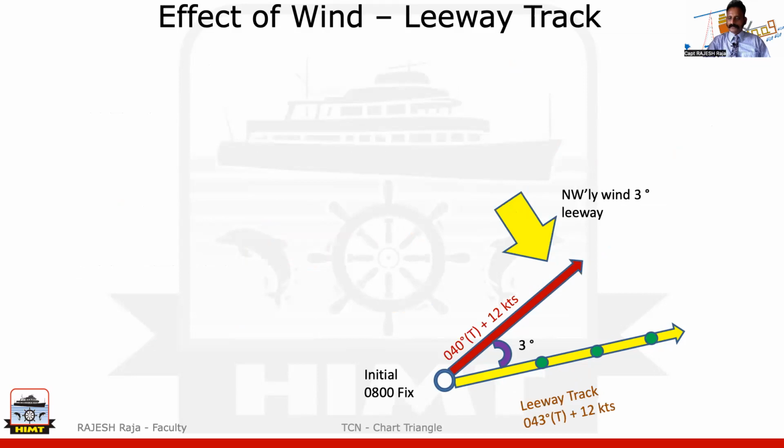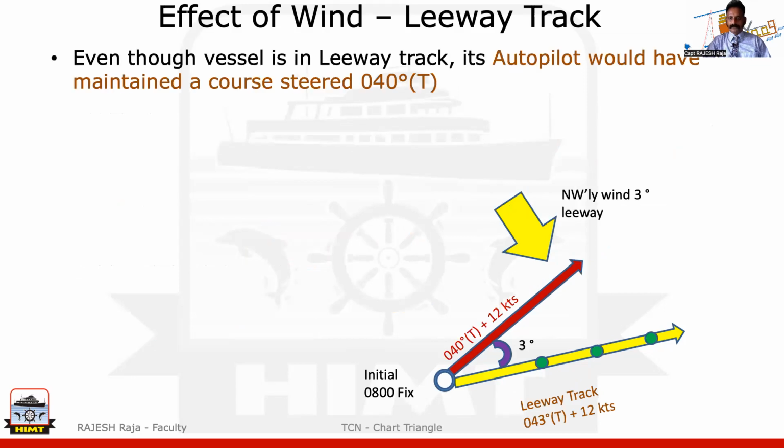So let us see what is the next feature we're going to get. It's very important for you to understand that even though the vessel's position was on the leeway track during this last 1 hour, leeway track is 043, but your vessel was steering 040 and the autopilot was maintaining your heading. So that means your vessel's heading was like this. This is important for you to understand.